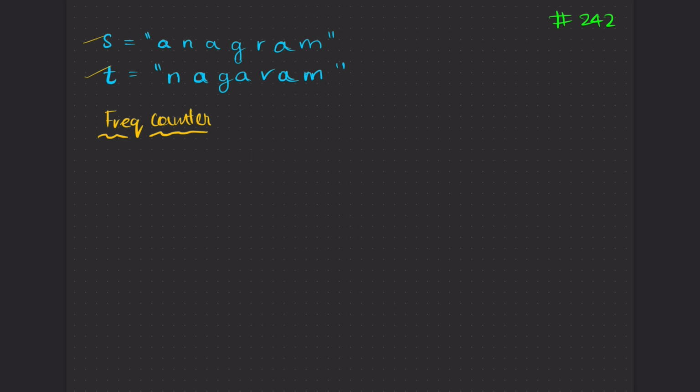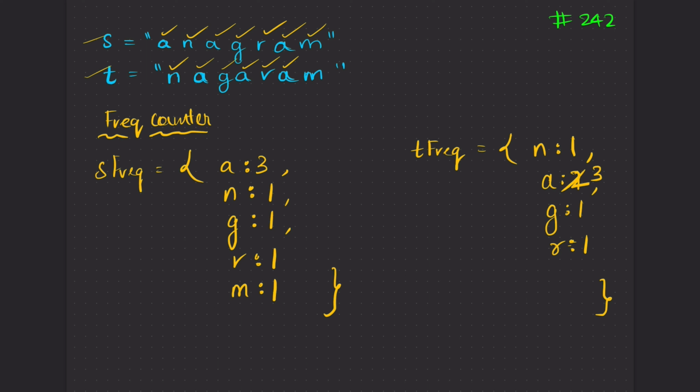A again, so this would become 2. R, 1. A again, so this would become 3. M, new element, 1.